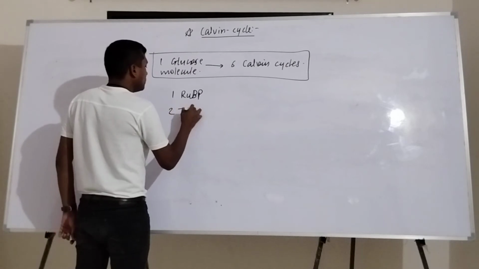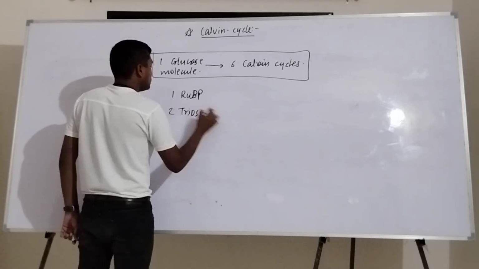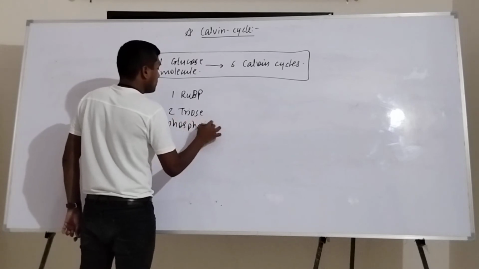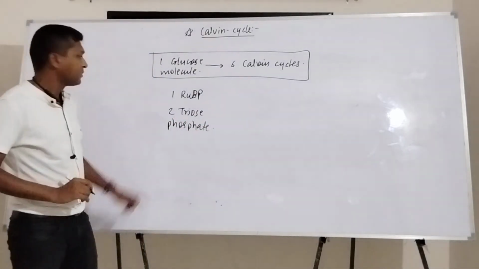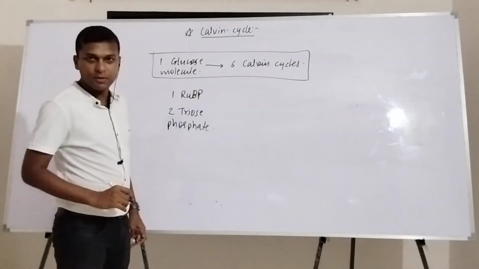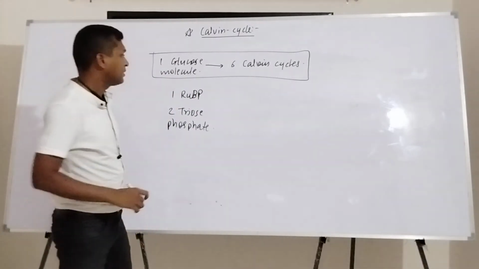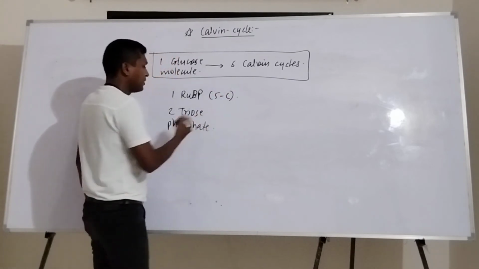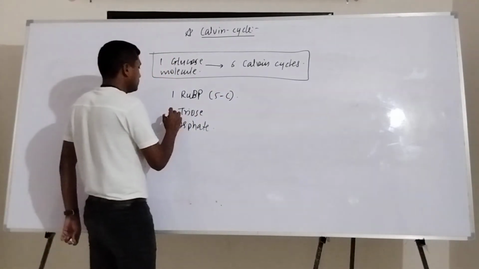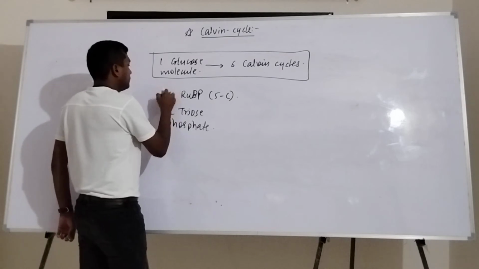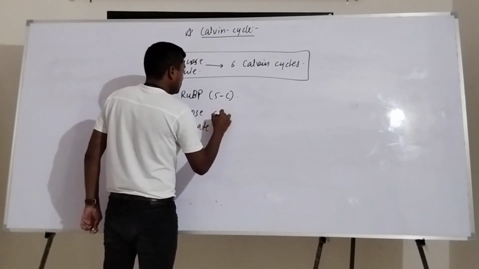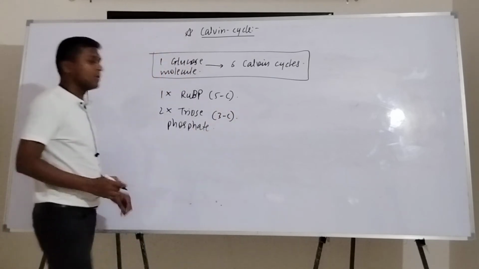Two triose phosphate molecules are produced, correct? In this particular RUBP, how many carbons are there? It is a 5 carbon containing compound. Triose phosphate is a 3 carbon containing compound.